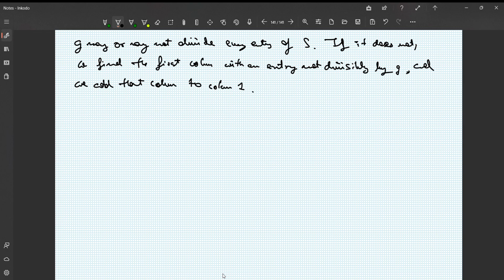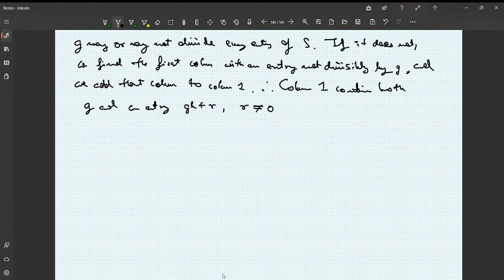So if we have an entry which is not divisible by G, then by the Euclidean algorithm, that entry can be written in the form G times H plus R. H is sort of the polynomial quotient, R is sort of the polynomial remainder.